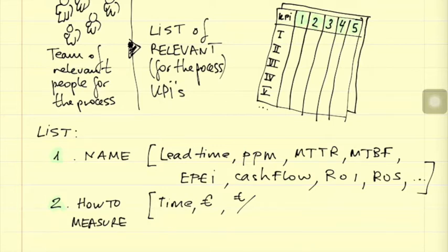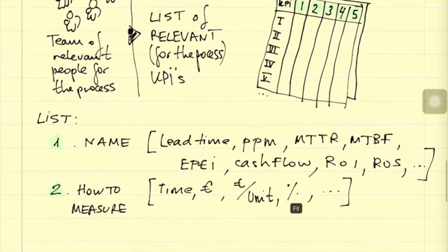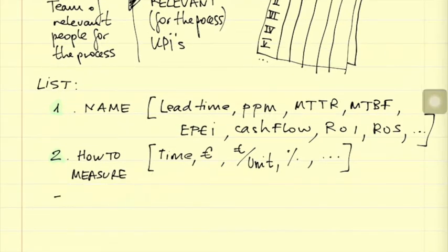Euros per produced unit, or you measure in percentage, or whatever. However you measure the KPI. The third thing is who is the process owner.